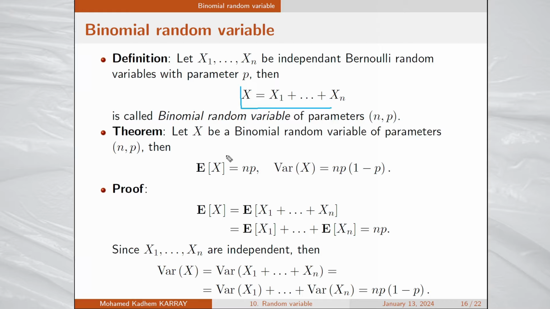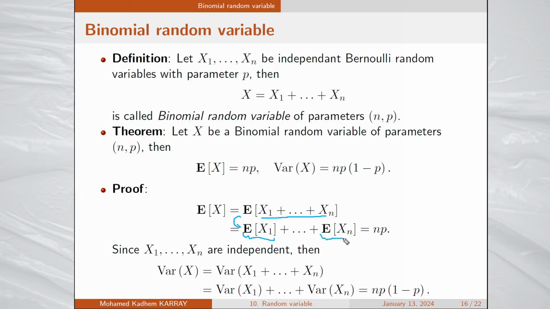Here are the basic properties of this binomial random variable. Its expectation is given by n multiplied by p, and its variance equals np(1 minus p). Here is the proof of this result. The expectation of X is the expectation of the sum here, which is by linearity of expectation the sum of these terms here.